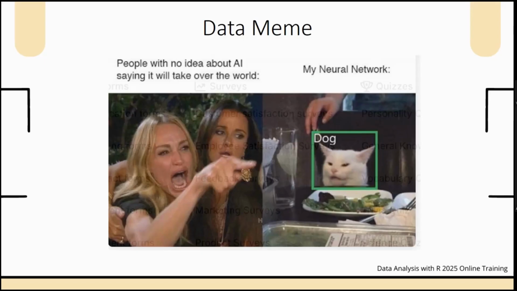Most people who have no idea about AI say AI will take over the world, but these specific AI tools like neural networks sometimes do get things wrong. For example, you see here a cat has been identified as a dog. That is an example where an AI can get things wrong.